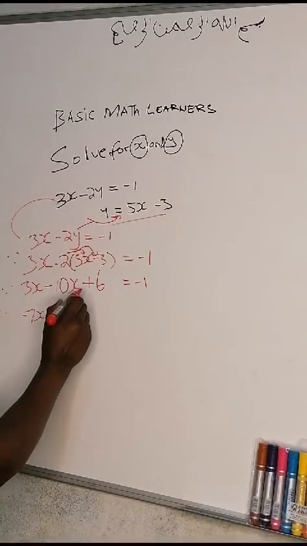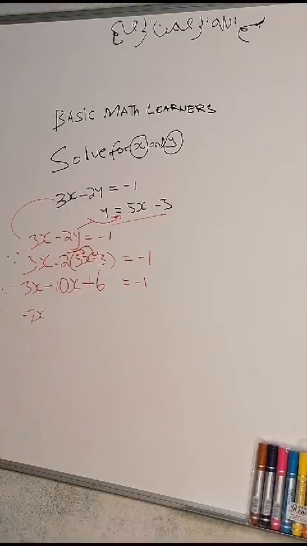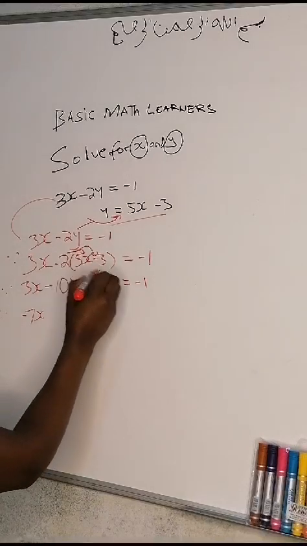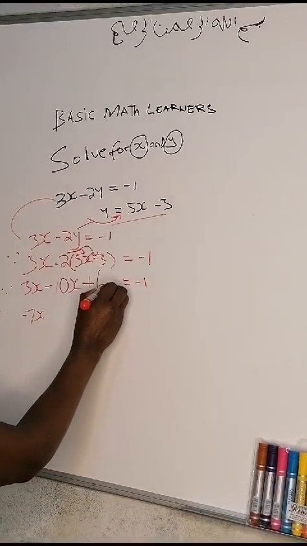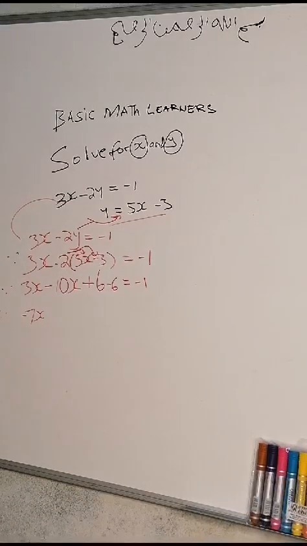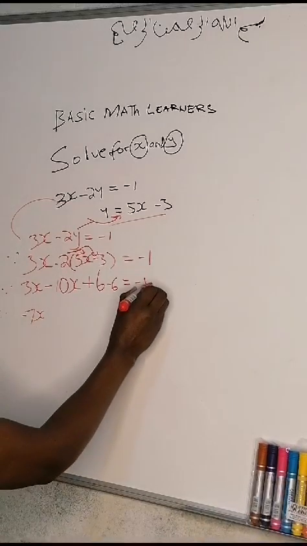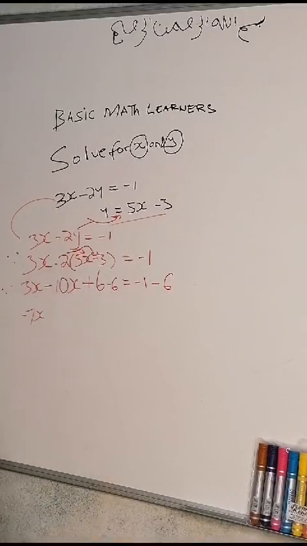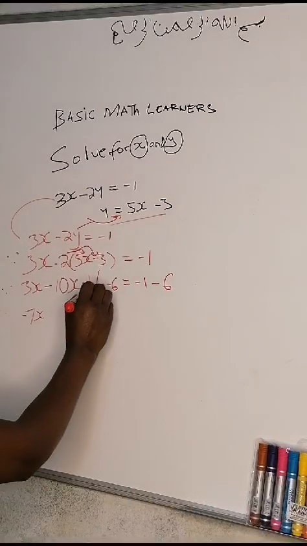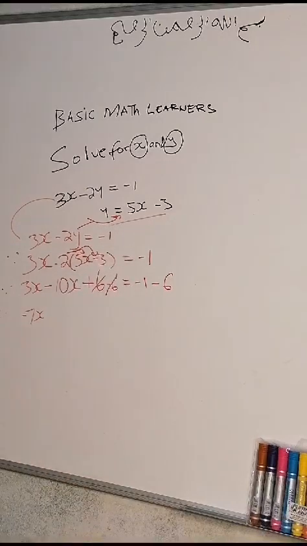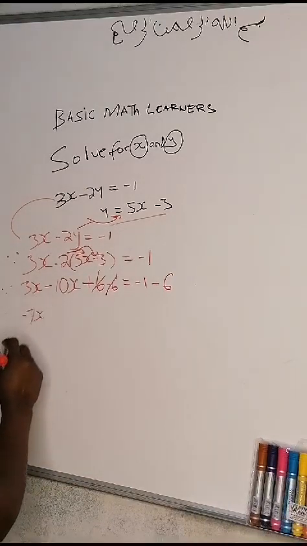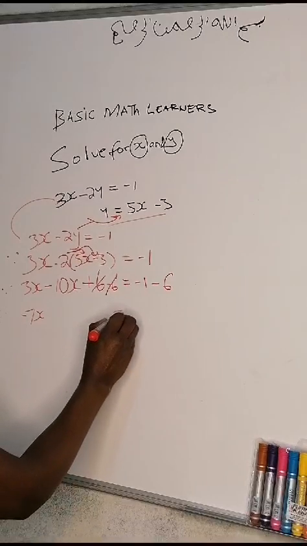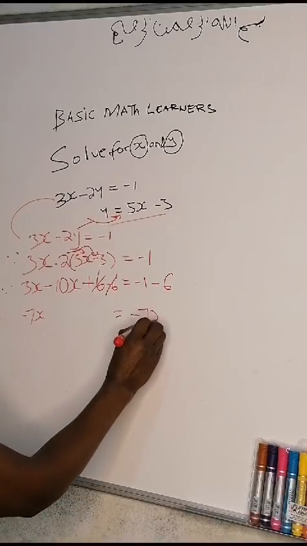I need to get rid of this plus 6, which means I need to bring the opposite operation and subtract the 6. The same way, I need to subtract the 6 from the other side, because the golden rule of equation says that whatever you do to one side, do to the other side too. Therefore, this plus 6 minus 6 gets out both of them, which means I have got minus 7x equals minus 7.